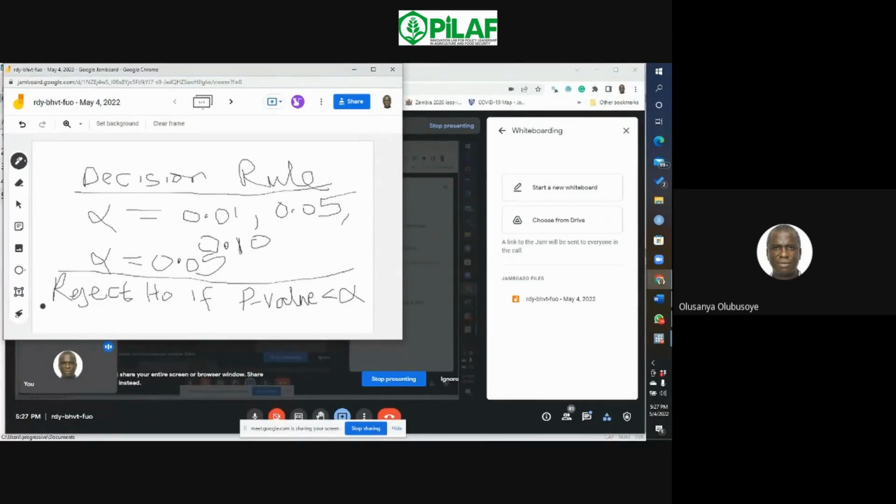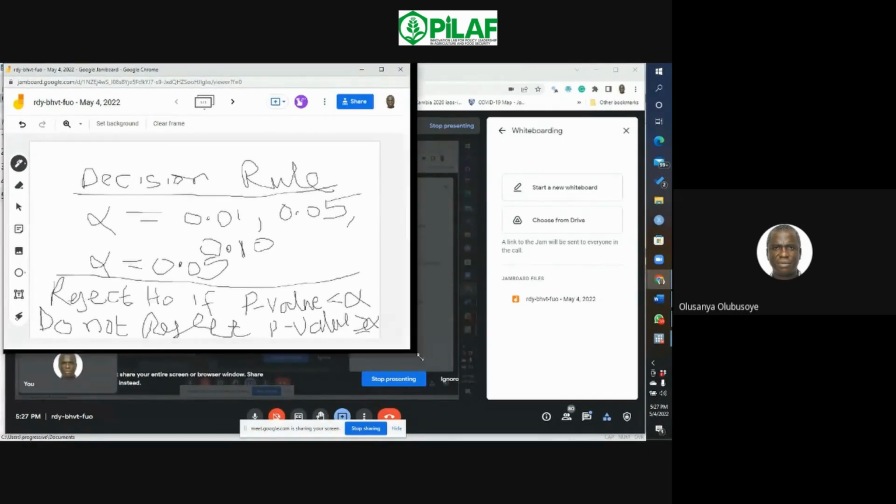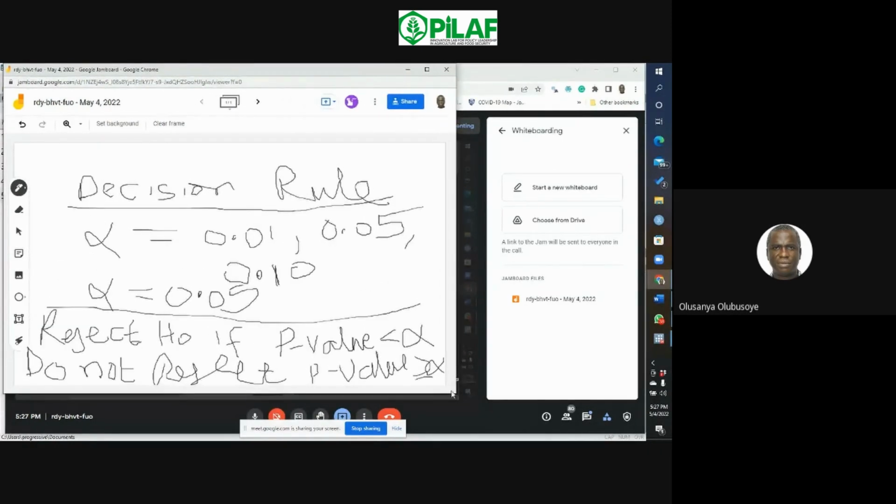Do not reject if your p-value is greater than or equal to alpha. So you can always use this as the basis for your decision.